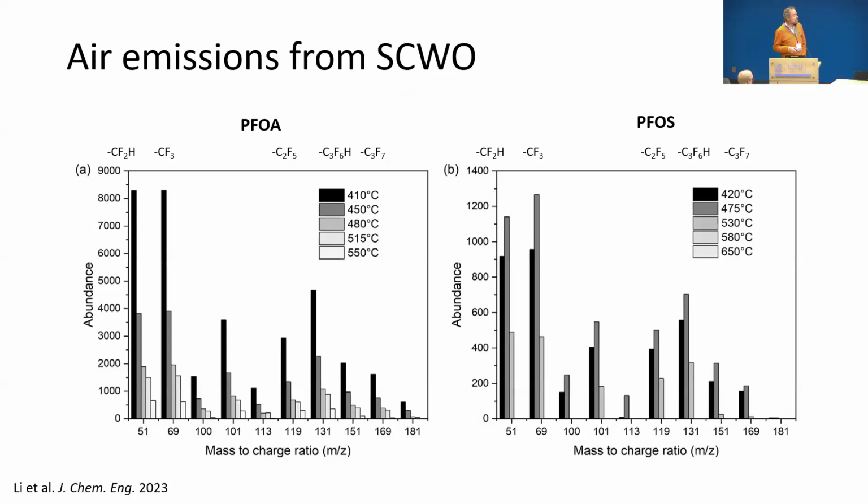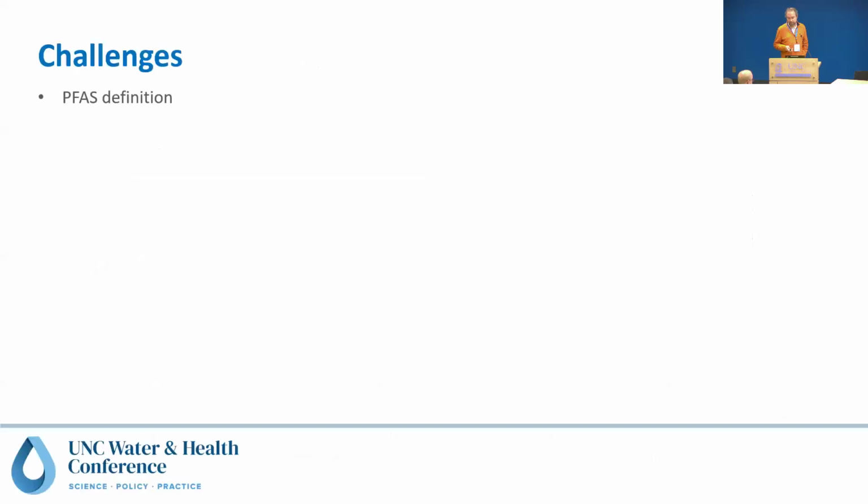We are also interested in whether these destructive technologies are emitting products of incomplete destruction to the air. Again, at some of the lower temperatures, there's volatile and semi-volatile PFAS that can leave the system, whereas at higher temperatures, they basically are fully mineralized.